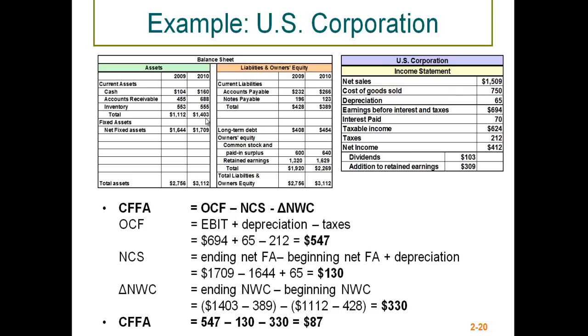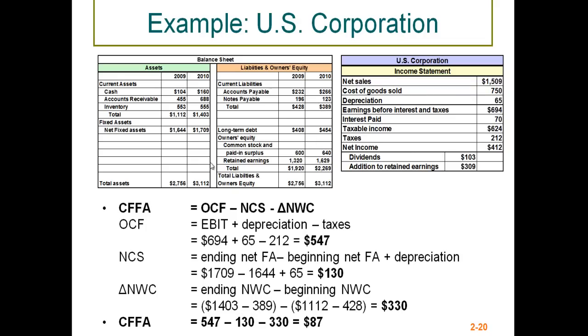Our current assets are 1403 minus $389, which our current liabilities are, so that's our ending net working capital. 2010 current assets minus 2010 current liabilities gives us our ending net working capital.